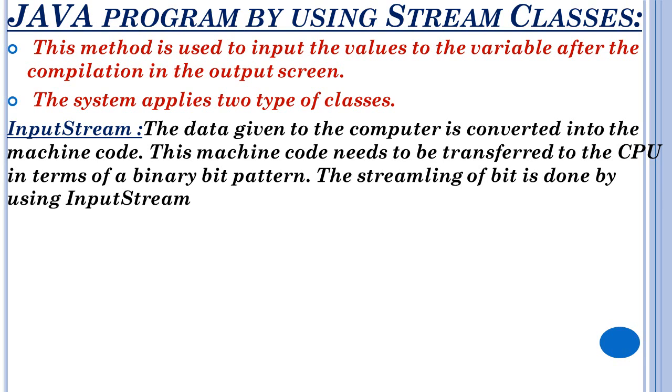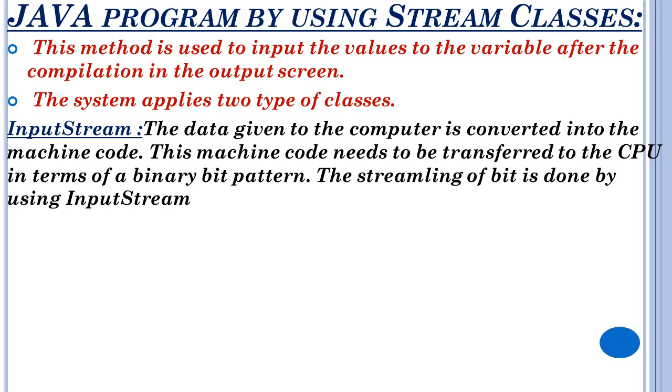That streamlining of bits is done by using an input stream. Streamlining means whatever data you give, that data needs to be secure, right? Sometimes, if you write the program without using an input stream, the data may be corrupted or you will get an input error.